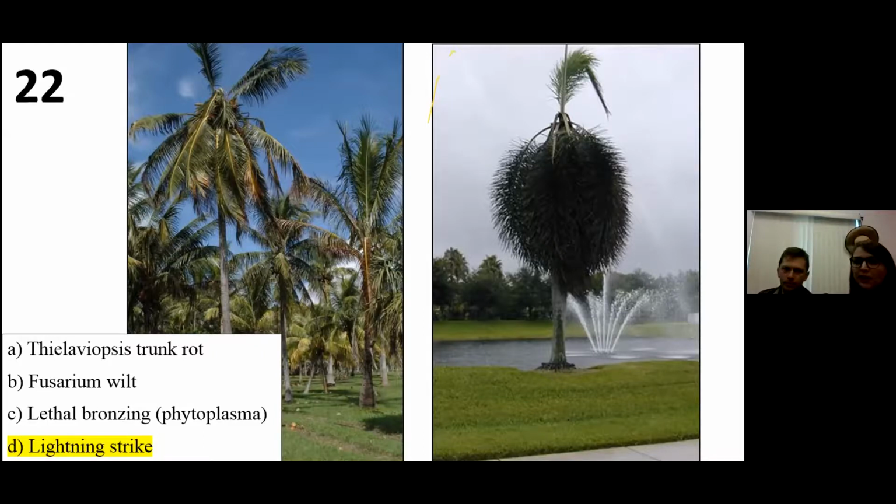But again, that's why the history of the symptoms is important, not just the symptoms. You have to ask when you started seeing that. Is it just this one tree? How are the symptoms spreading in the area? Is it localized, or does every single plant in my area have it?